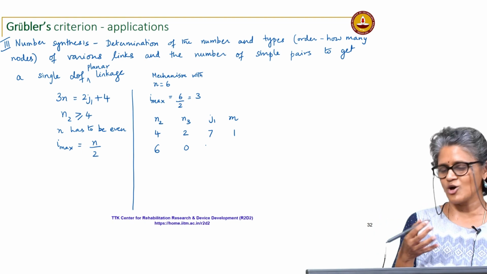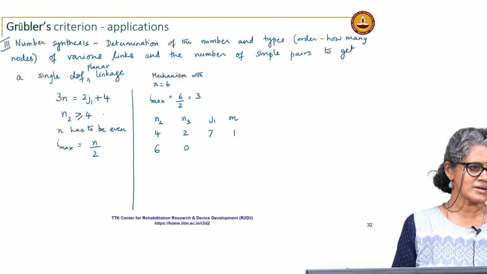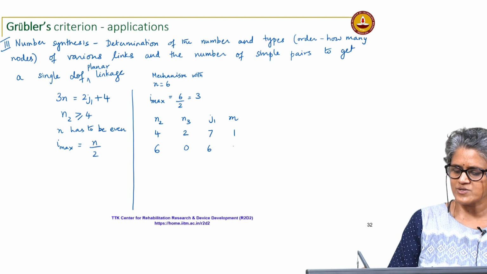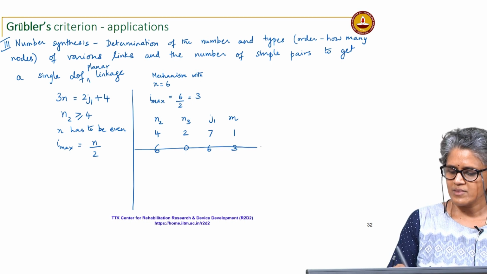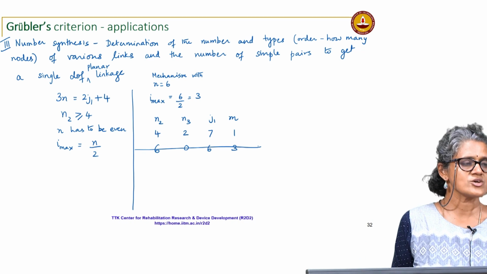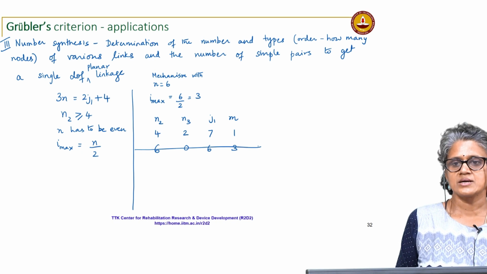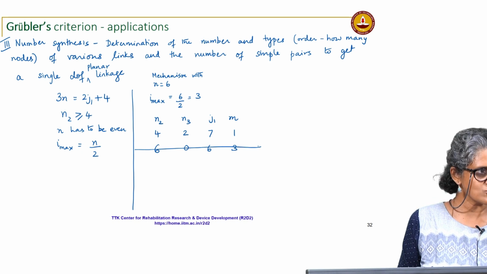You can just solve simultaneously and then you will find that this is the only solution basically. I think here you get J1 equal to 6 and mobility equal to 3. So, this will not be an option. Okay. So, your only option for a 6 bar is 4 binary links, 2 ternary links.